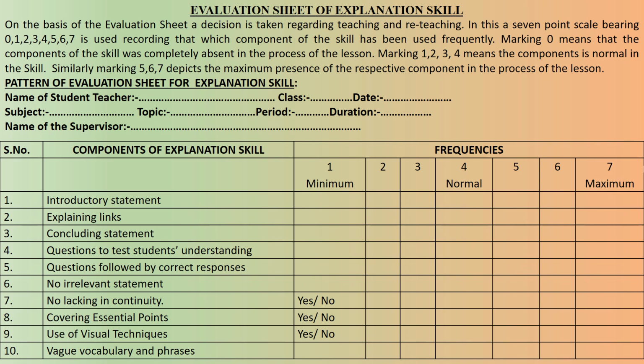The next three columns will consist of frequencies indicating minimum, normal, and maximum. One or two frequencies will be minimum, 3, 4, 5 will be normal, and 6 and 7 will be marked as maximum.